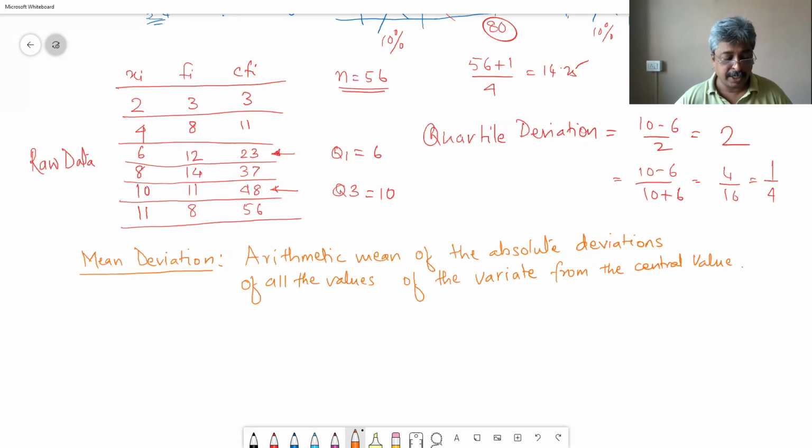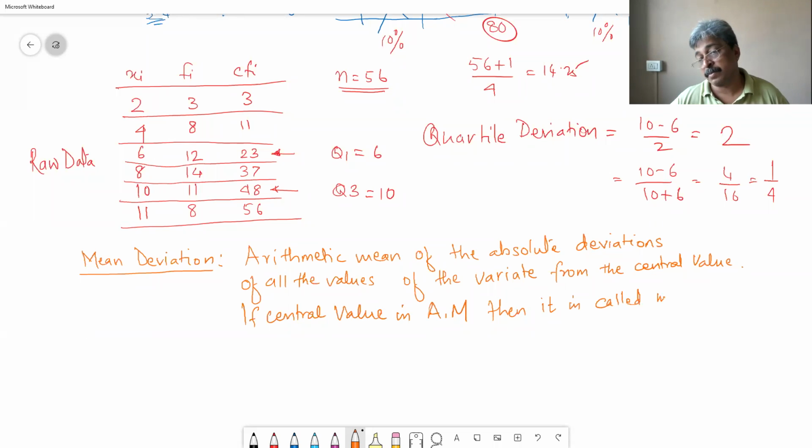If the central value is the arithmetic mean, then it is called mean deviation about mean.